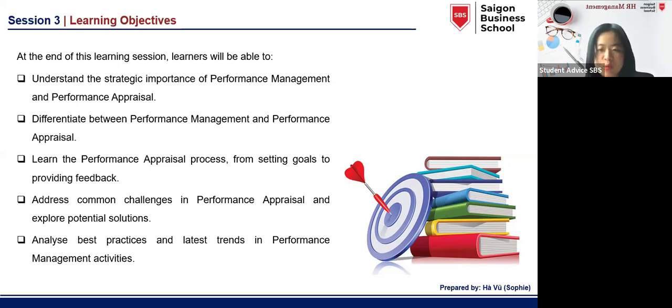Secondly, you will learn the appraisal process from goal setting to giving feedback. Thirdly, you will be able to handle common challenges and explore solutions for performance management problems. And finally, we will examine best practices and emerging trends in performance management.